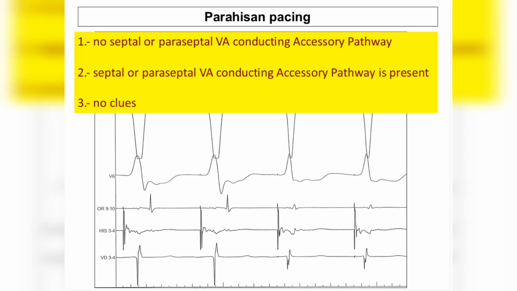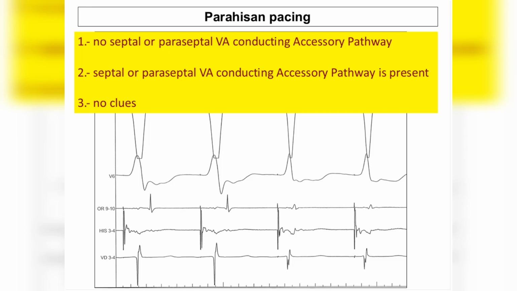In this particular tracing, do you think that there is no, number one, no septal or paraseptal VA conducting accessory pathway, or number two, there is in fact a septal or paraseptal VA conducting accessory pathway, or you think that this tracing provides really no clues as to the presence or absence of a septal or paraseptal accessory pathway? Can you please vote in relation to this question?